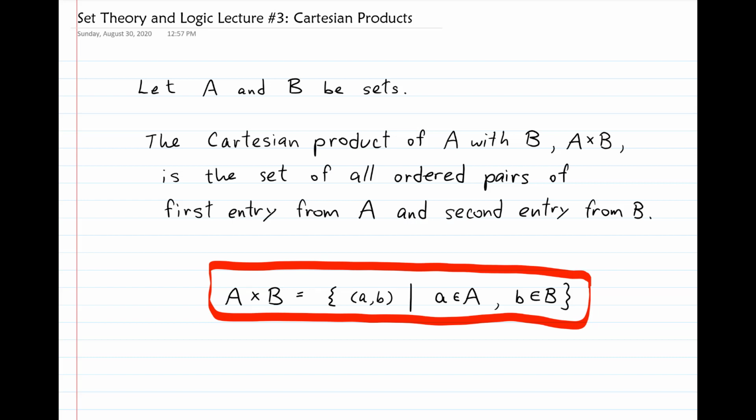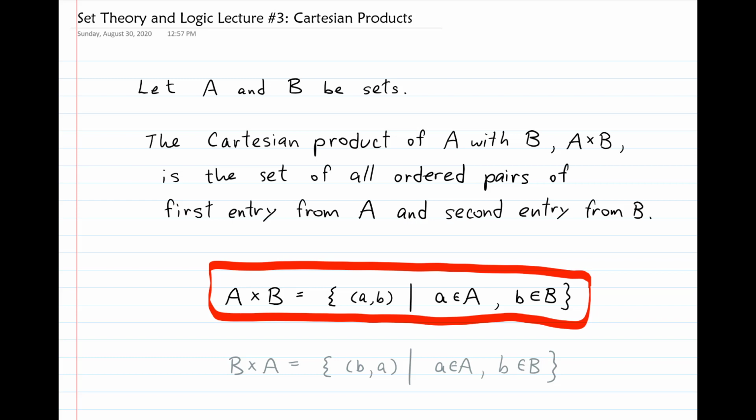The Cartesian product of B with A would be the set of all ordered pairs where b comes first and then a. Okay?